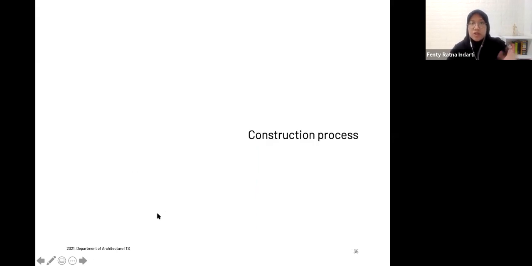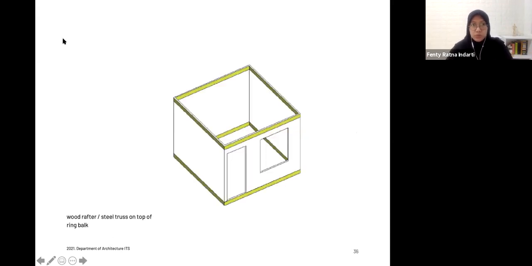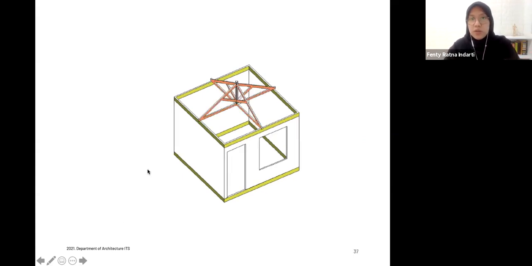Next, about the construction process. After understanding the materials themselves, we are talking about the construction process. The construction process starts from the ring bulk. I believe that you have studied the ring bulk before. The ring bulk is designed to distribute the load that is coming from the roof. That's why you start to put the rafter on top of the ring bulk like this.